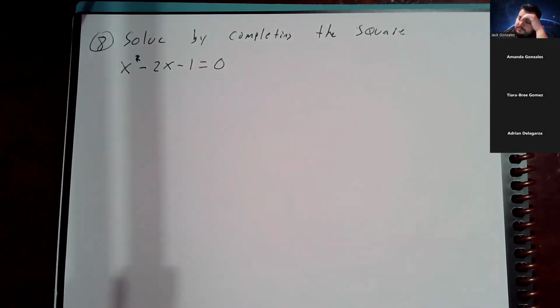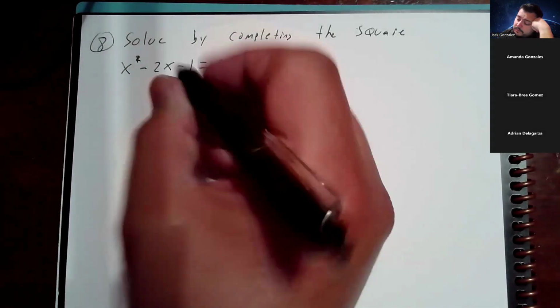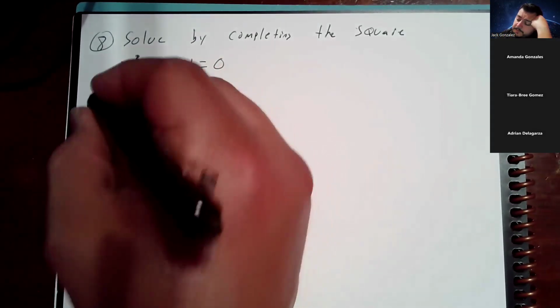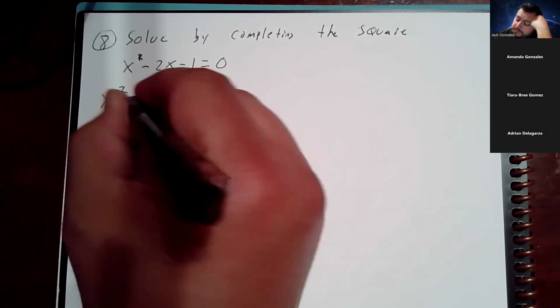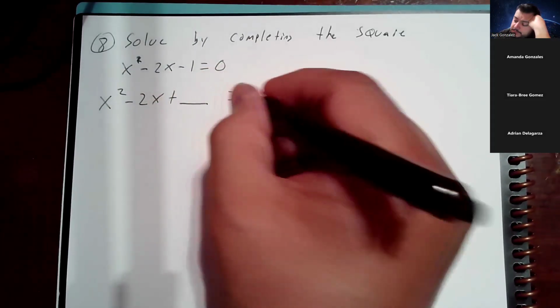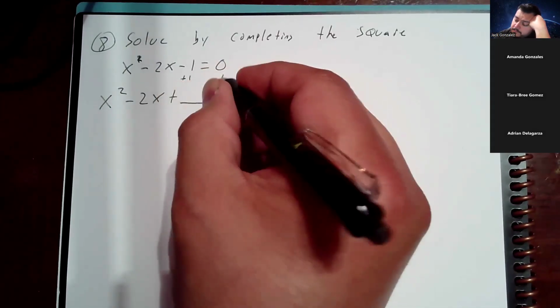So remember we said to complete the square, we got to find that special number and add it to both sides. So this 1 isn't going to help us at all. So I'm going to go ahead and move it over just to make it more obvious what we're going to do. I'm going to leave a special blank here, which is what I'm going to add the 1 over.